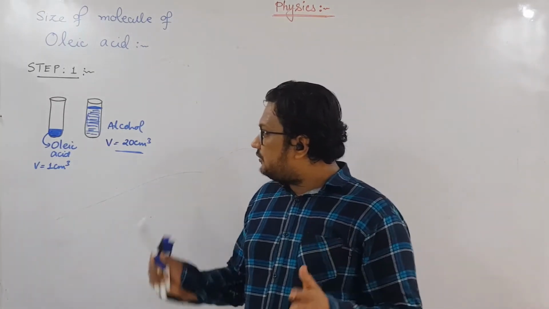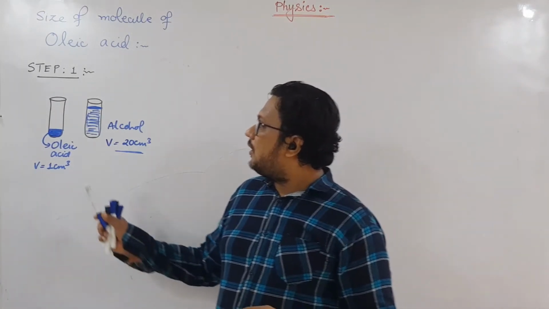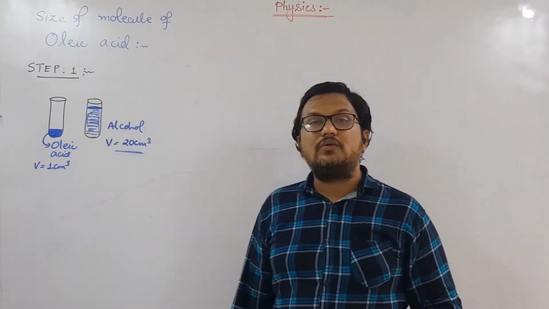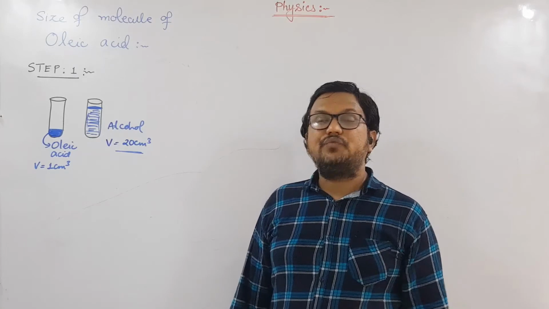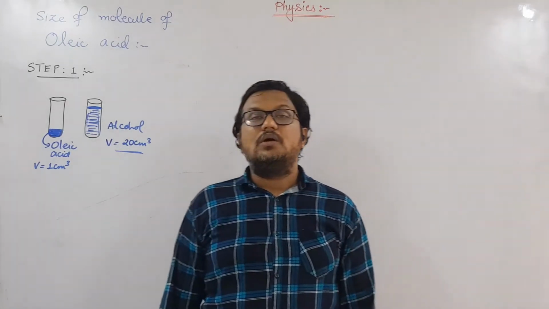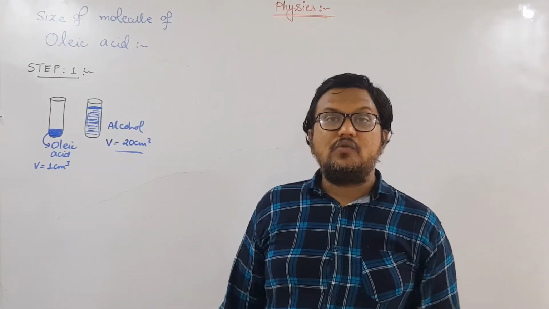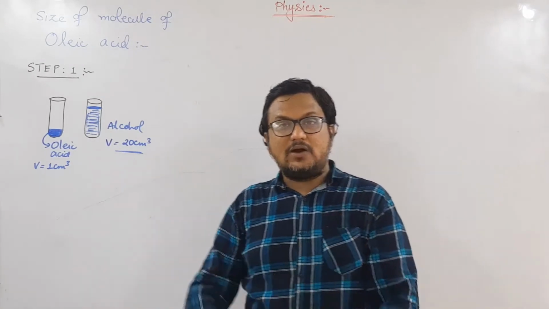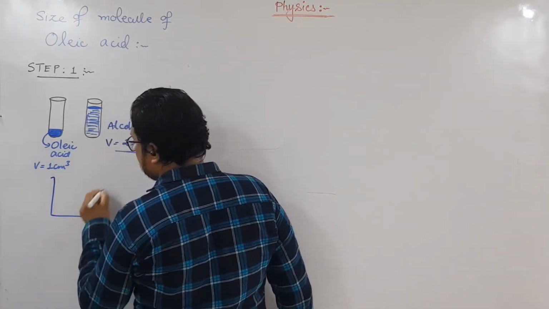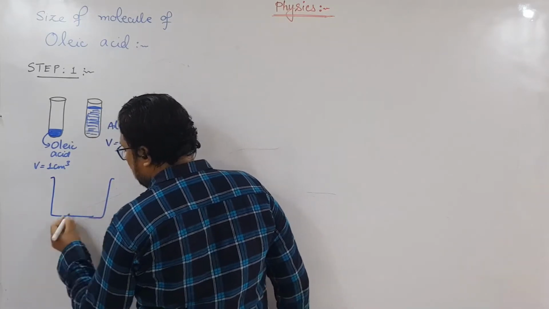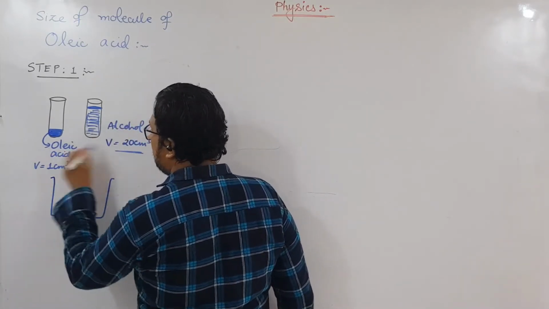But for the time being, we have taken two test tubes, and in one test tube we have taken oleic acid of 1 centimeter cube, while in another test tube we have taken alcohol of 20 centimeter cube. Now we are going to mix both these, oleic acid and alcohol, in a beaker. So let us say this is our beaker, and in this beaker we have poured these two things.